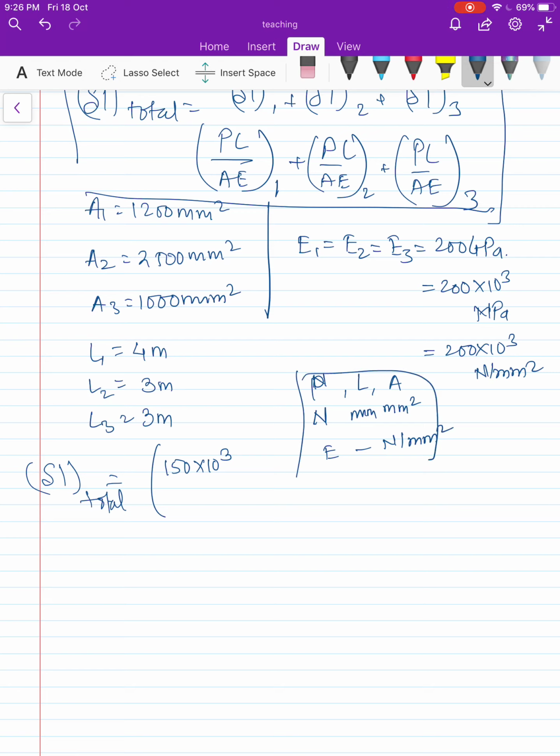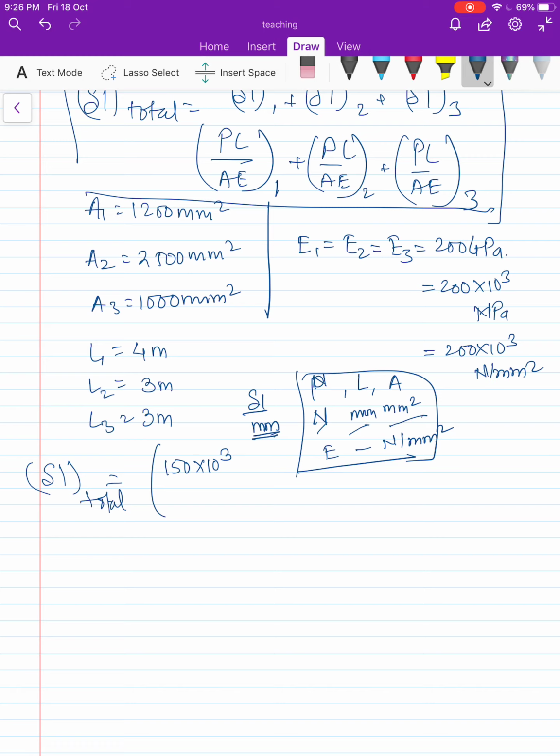What will happen with this? Whatever deformation we will get, that will be in mm only. Okay. So all the dimensions which we will take should be in Newton, in mm or in mm square.